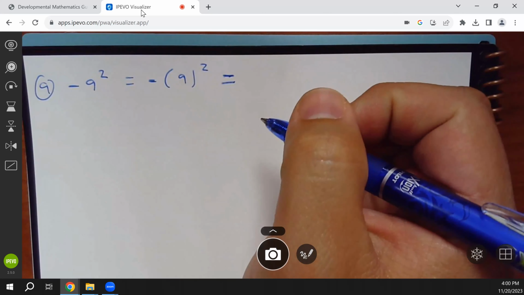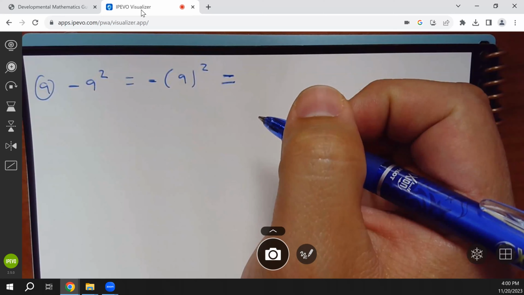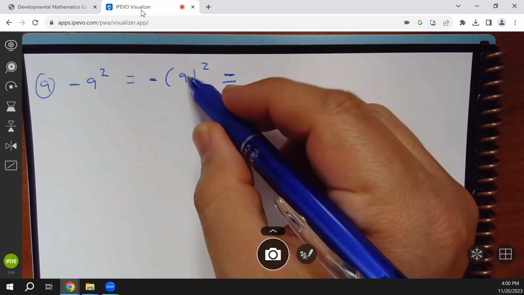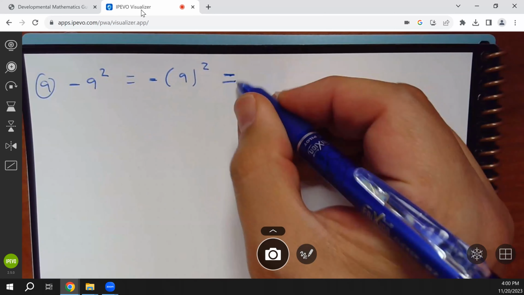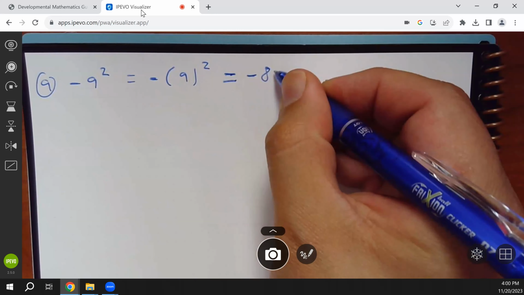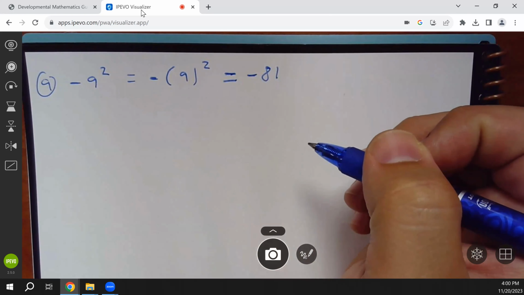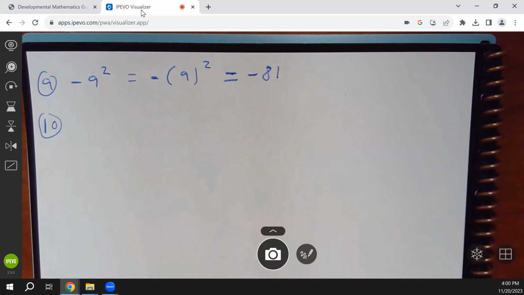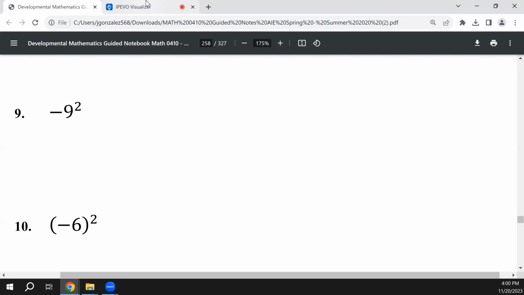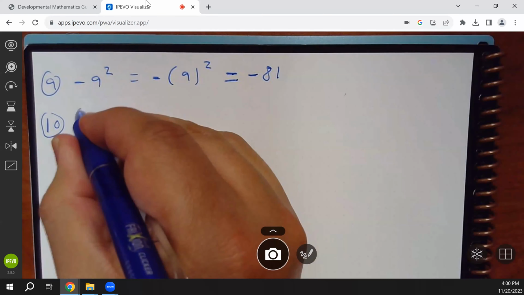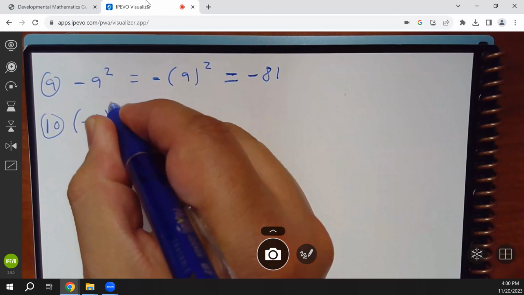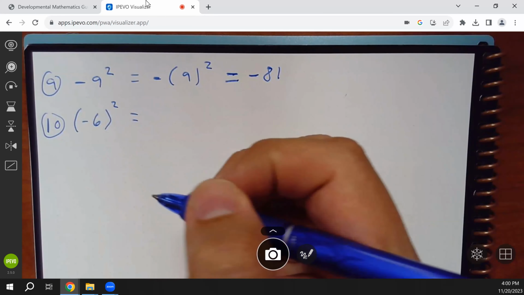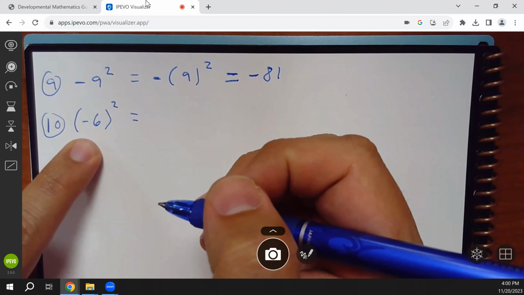Remember? It's gonna be 81, but then you have that minus following you. Just put it in front. See the difference on this one, you're squaring the negative. It'll be negative times negative.